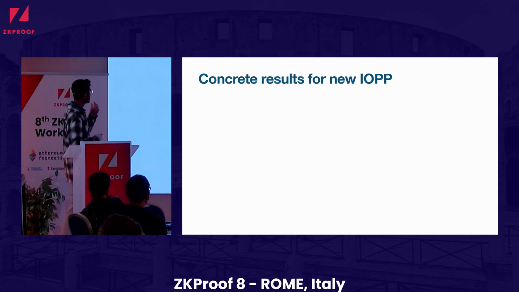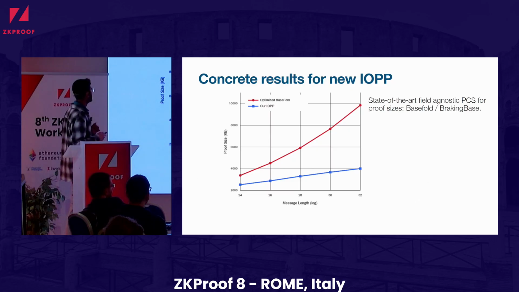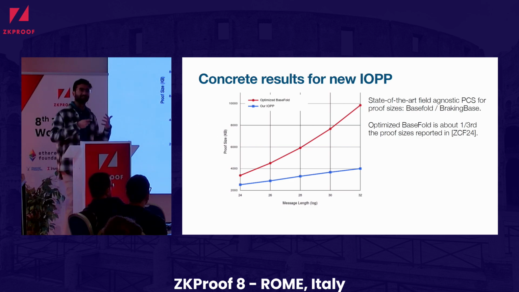We also have some concrete results for the new IOPP. First of all, the state-of-the-art field-agnostic PCS for proof sizes is at least Basefold and Brakedown. And we compared ourselves to an optimized version of Basefold. It turned out that when we started comparing ourselves to Basefold, we found you can take a Basefold implementation and optimize it quite a lot for its proof size, through new techniques discovered in the last couple of years since Basefold came out.